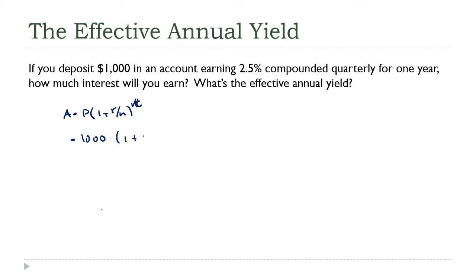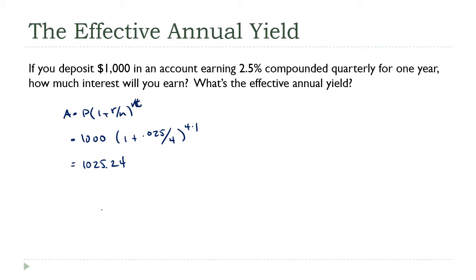The interest rate is 0.025. We're doing this quarterly, so n is 4, and we're going to do this for 1 year. All right, you get your calculator out, do the calculations here. This comes out to $1,025.24.